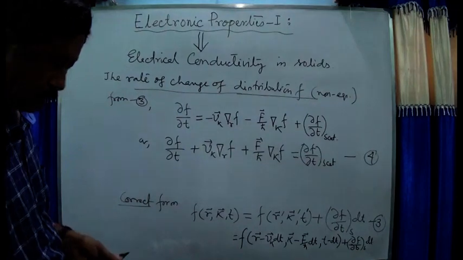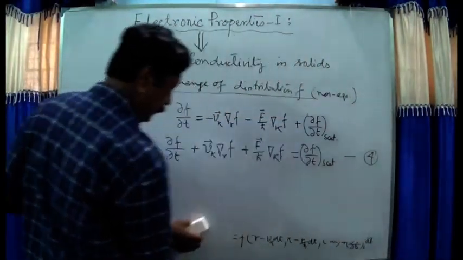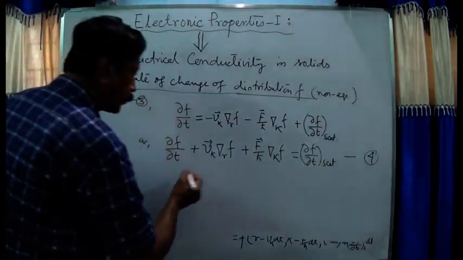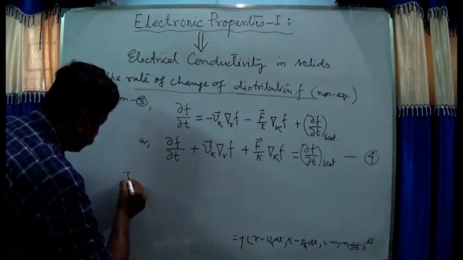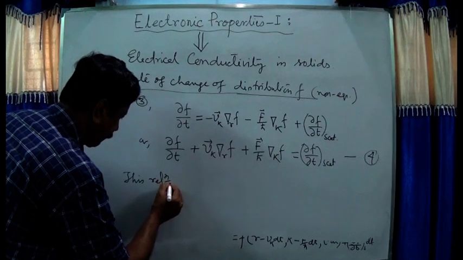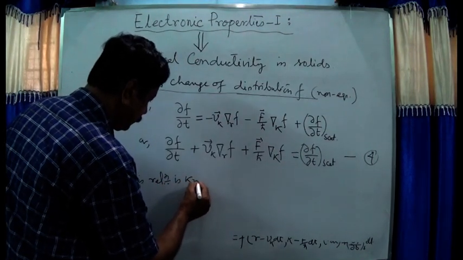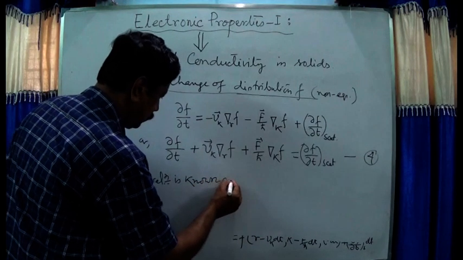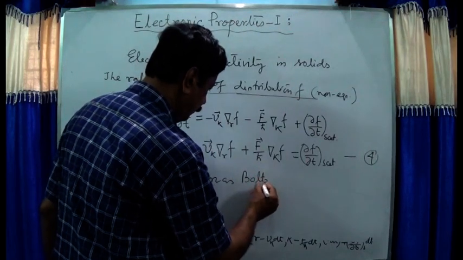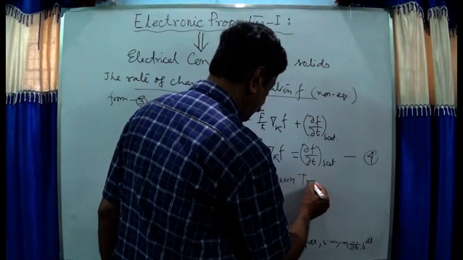Now this equation is the final expression for your Boltzmann equation. Now this relation is known as Boltzmann transport equation.